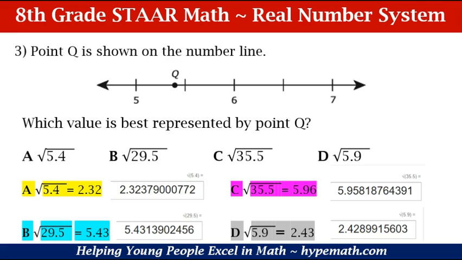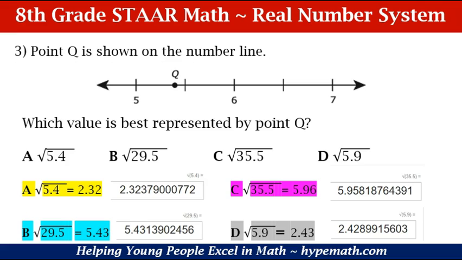Again, we are rounding to the nearest hundredths place. For answer C, it's square root 35.5, and that number is rounded to 5.96. Lastly, D is square root 5.9, and that's equal to 2.43 when rounded to the hundredths place.